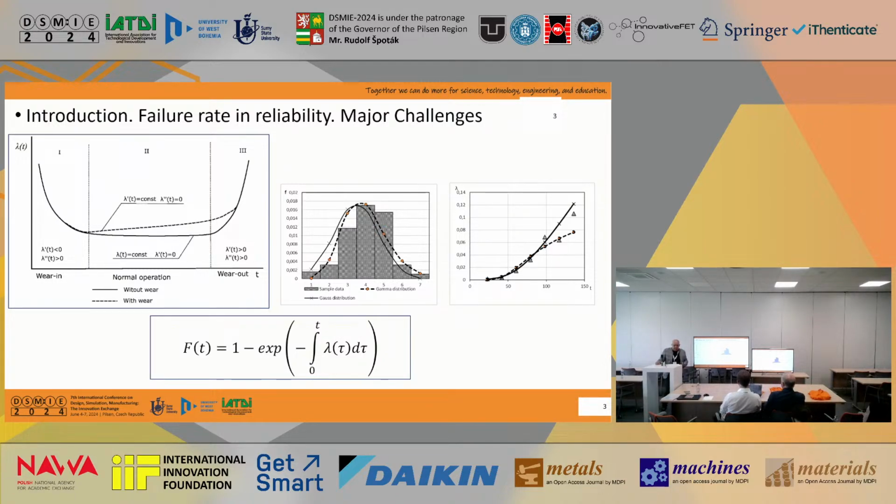The fundamental difference between these distributions lies in the nature of the failure rate, which describes all stages of object life. The failure rate also defines the distribution law by itself. We see that distribution laws can be very similar, but the nature of the failure rate is absolutely different.